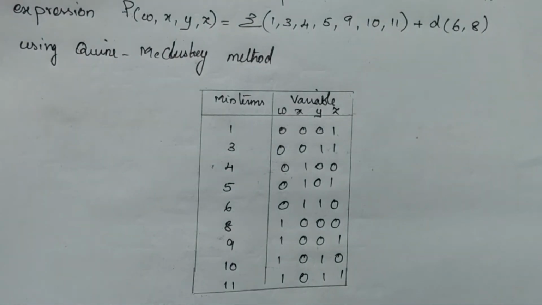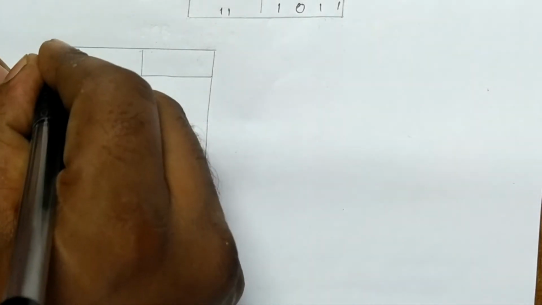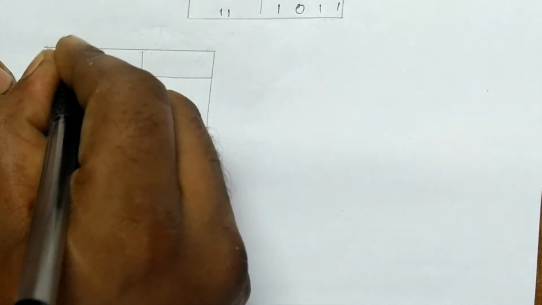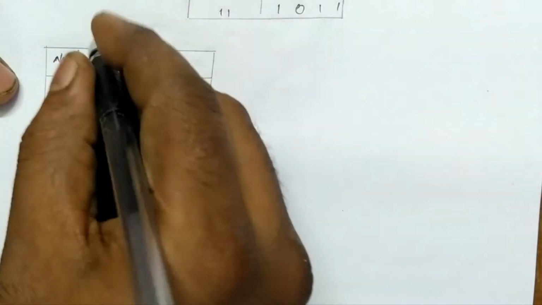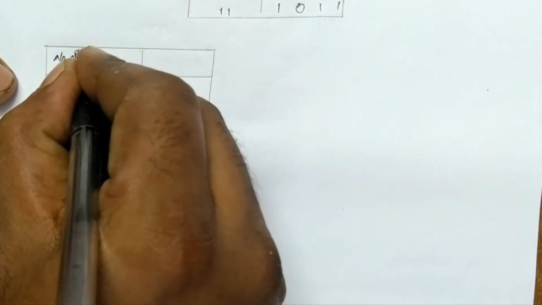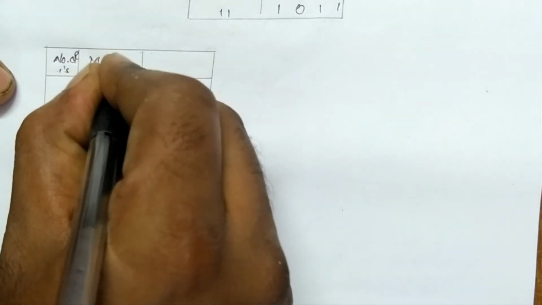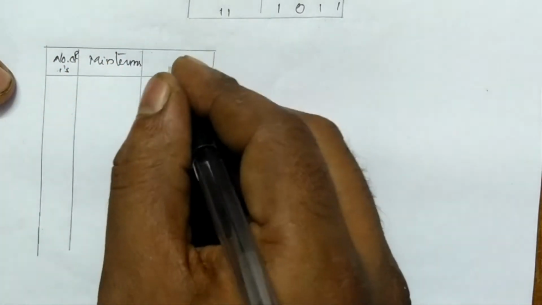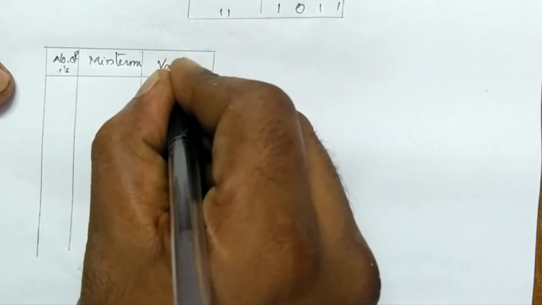After that, we need to group the terms using number of ones. First column, number of ones, then minterms, then variables.